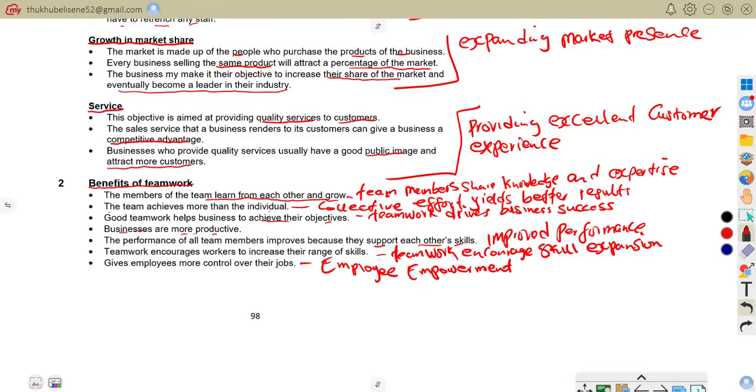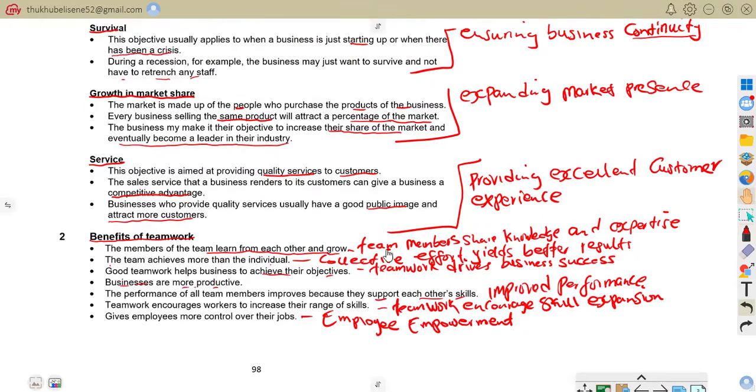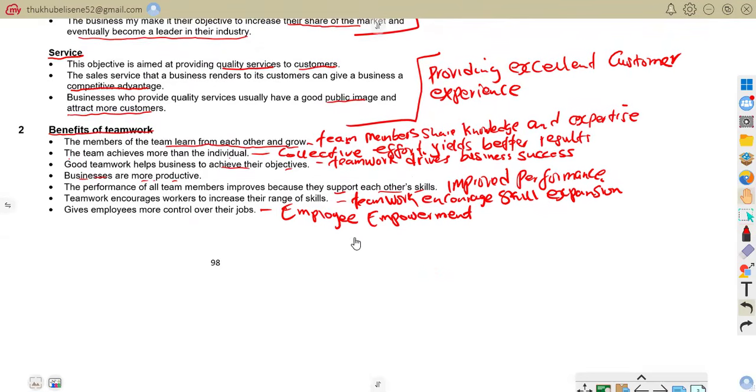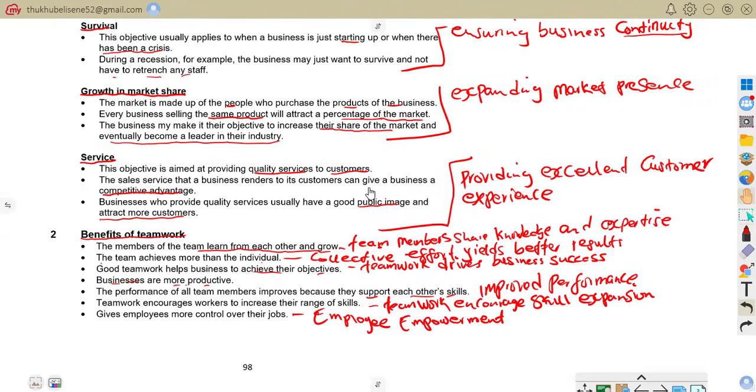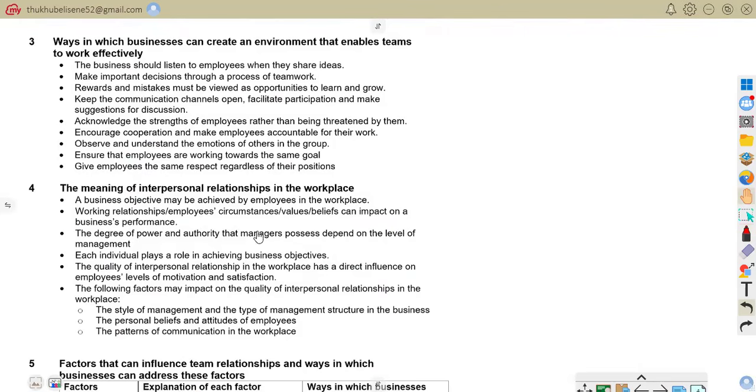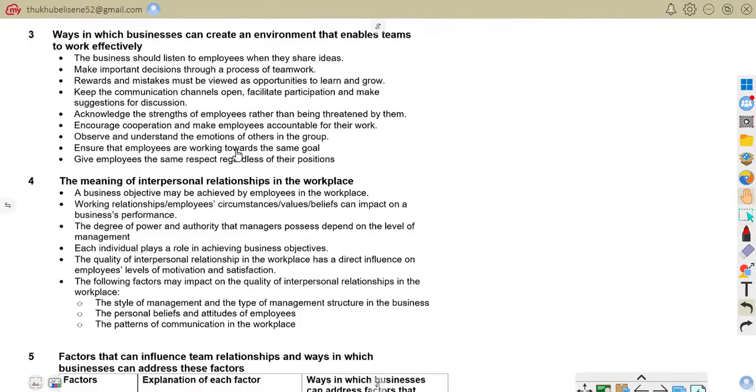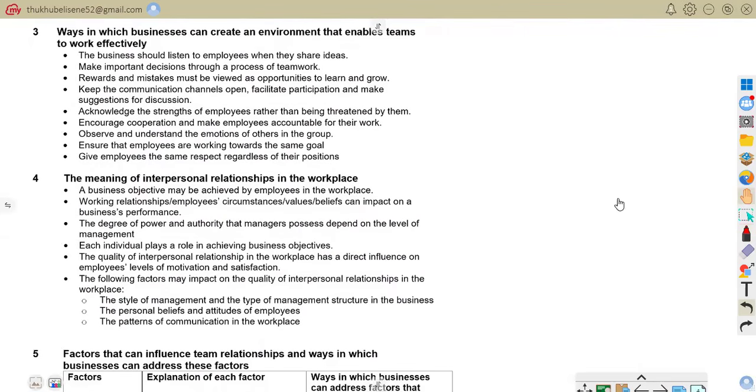So now we are to move on. We are now on ways in which business can create an environment that enables teams to work effectively.